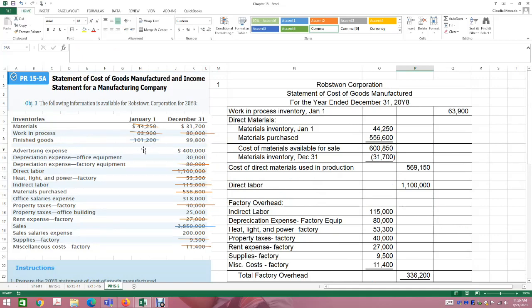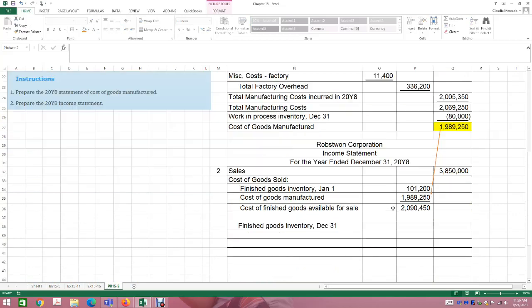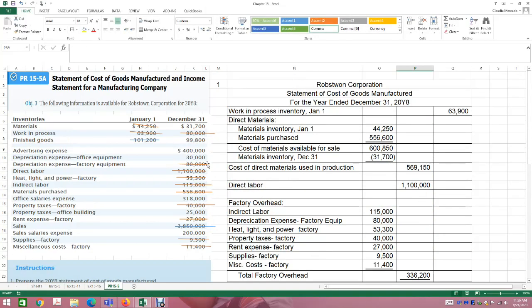At the beginning of the year, we had $101,200 worth of merchandise that was not sold. It was complete, finished, ready to be sold, sitting in our warehouse. At the end of the year, we now have $99,800 worth of merchandise that is still available to be sold. I'm going to deduct that number because those goods have not been sold. So that's minus 99,800.